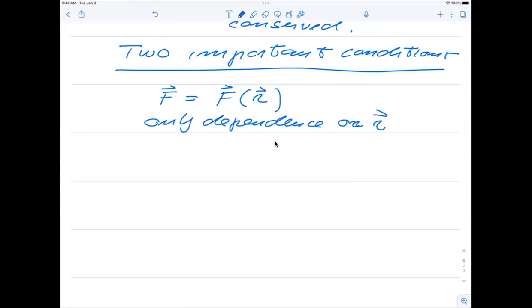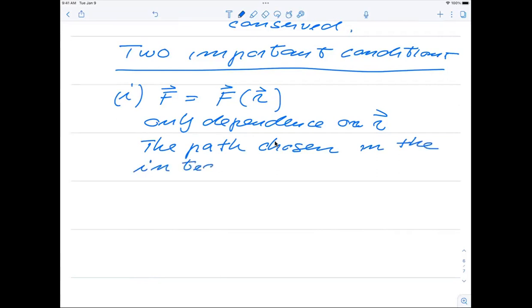Okay, so there's a very important statement here. If we have a force like that, which depends only on the position, then the path chosen, so I'm going to put a 1 here, the path chosen in the integral for the work, in the integral for W, W is equal to the integral of the force f of x dx from a position x0 to a position xn.